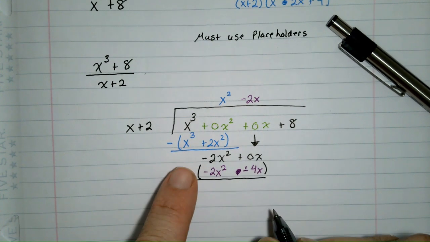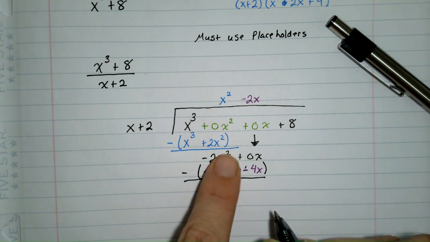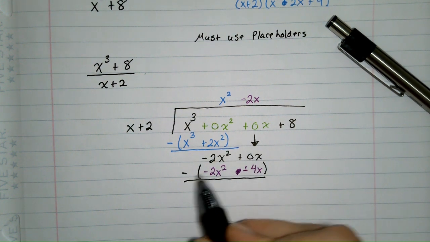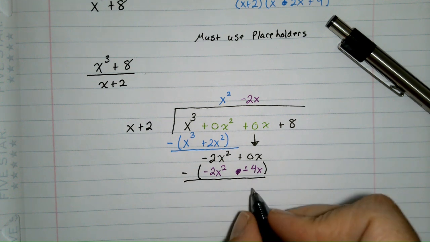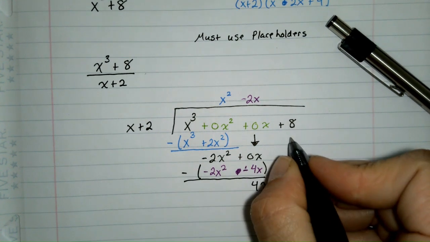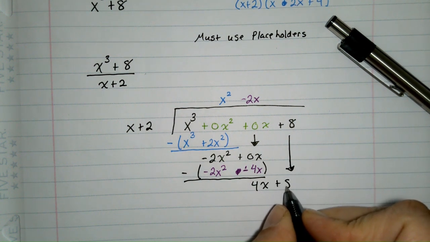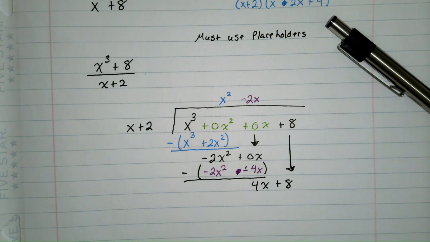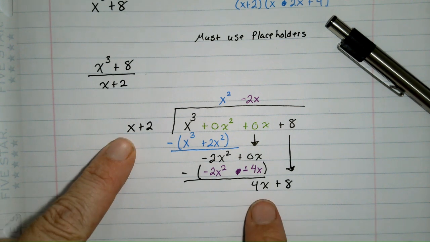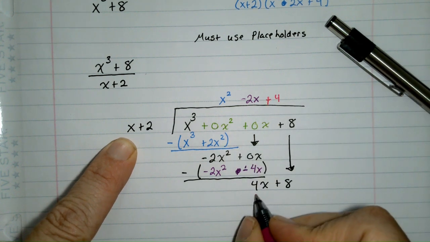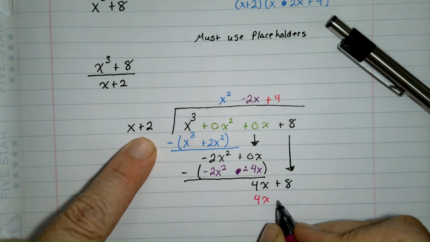Negative 2x squared minus negative 2x squared goes away. It should, that's why we chose it. 0x minus negative 4 makes plus. And I'll bring down the next part. Now I've got to multiply x times something to get it to 4x, so there's a 4. 4 times x, 2 times 4 is 8.